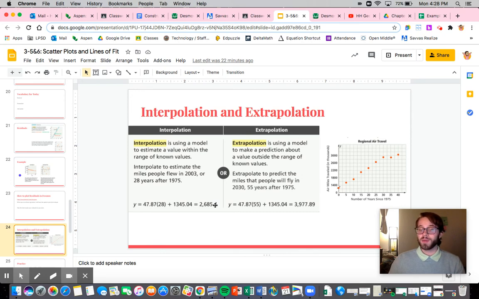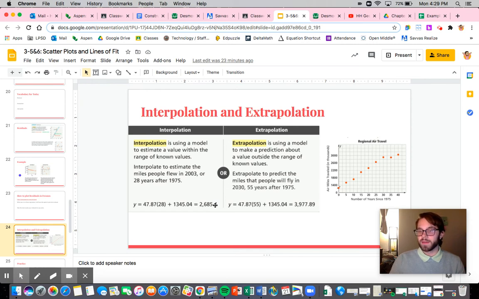And when you're trying to predict values within a data set, that is called interpolation. When you're trying to predict values beyond a data set, that is extrapolation. So interpolation would be something like, we have data between the years, like in this example, 1975 and 2003, right?